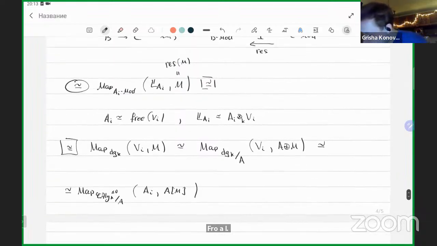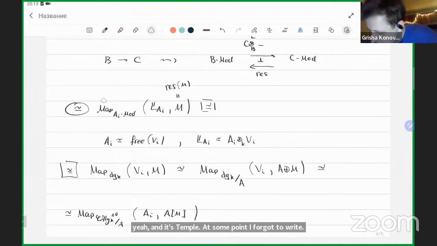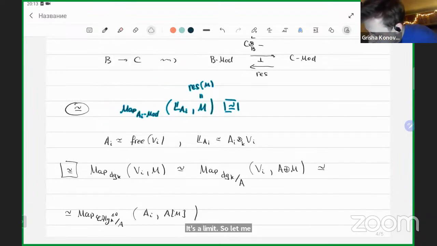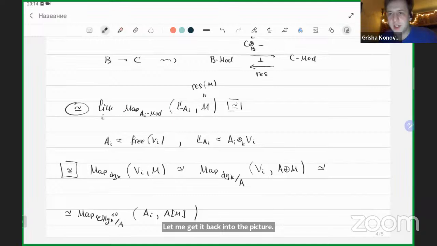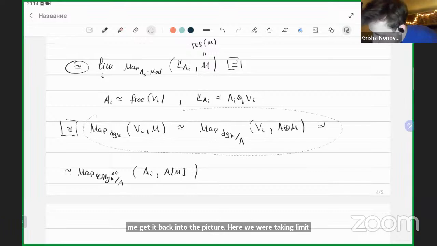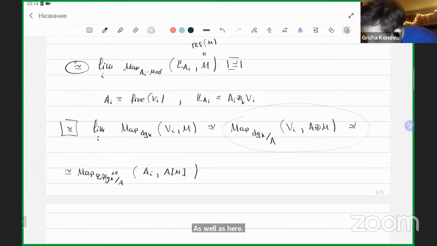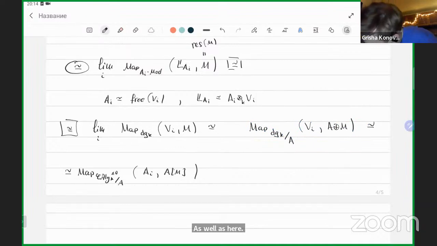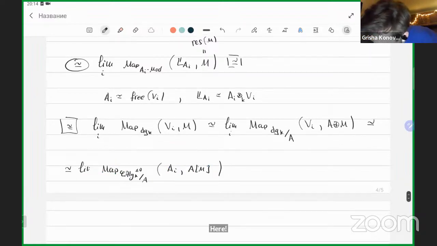So yeah, and at some point I forgot to write the limit. So let me get it back into the picture. So here we're taking the limit over I, as well as here, and here, and here.